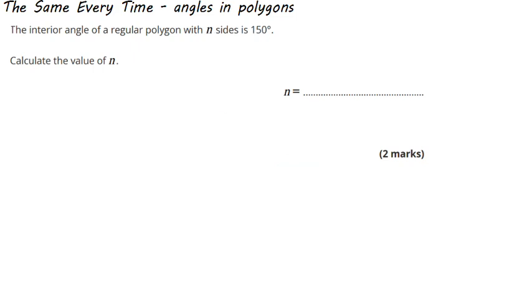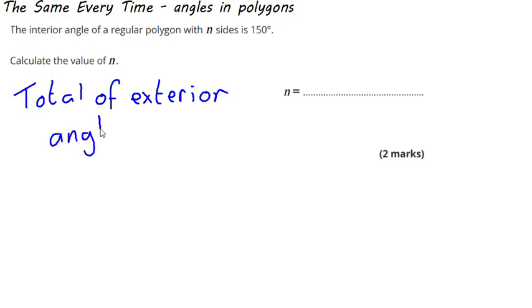I'll show you one more method of doing this. This is quite a nice method as well. We know the exterior angles. So the total of the exterior angles, always for any polygon, the total of the exterior angles is always 360 degrees.